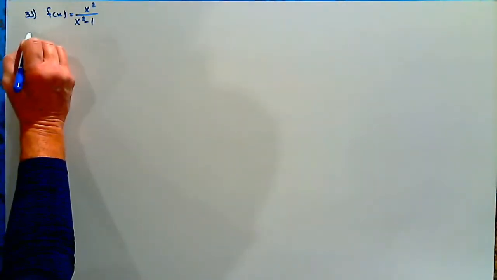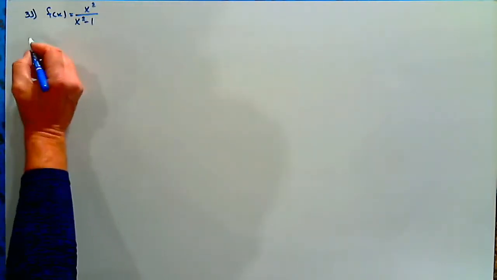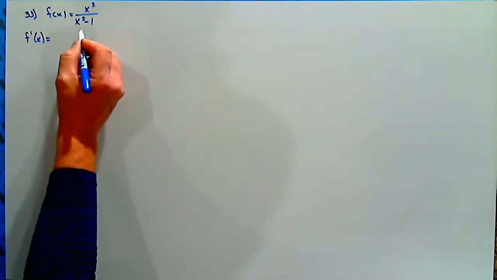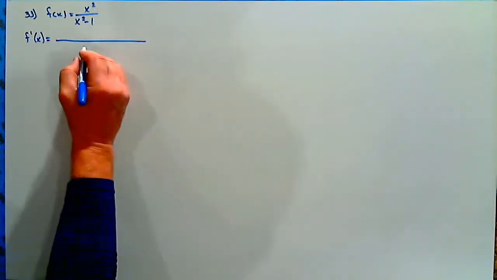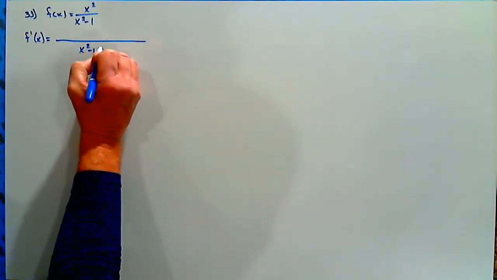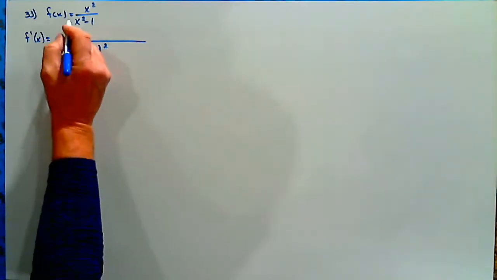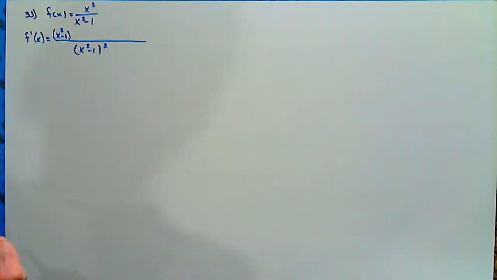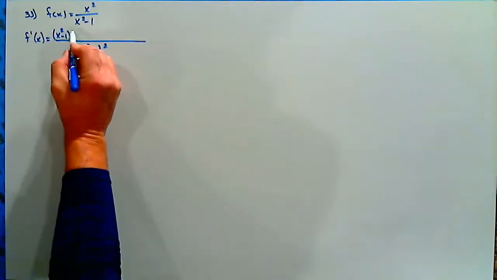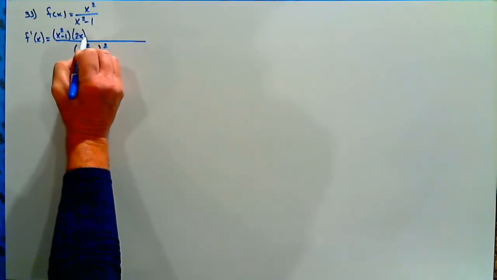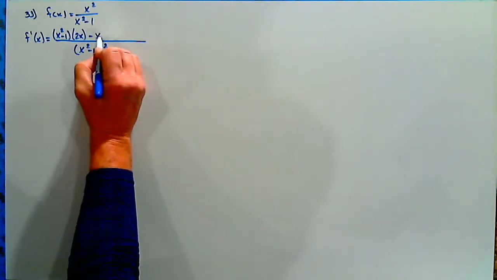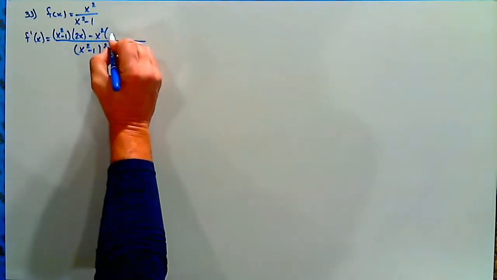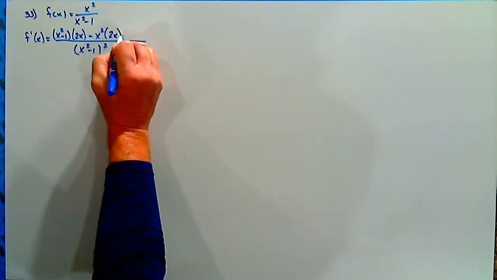Okay, so what are we going to do? Well, we're going to have to use the quotient rule here. So f prime of x is going to equal, remember, to do the quotient rule, we want the denominator squared. We begin with the denominator here. We multiply by the derivative of the numerator. That's going to be 2x minus the numerator, which is x squared, times the derivative of the denominator, which is going to be 2x again.